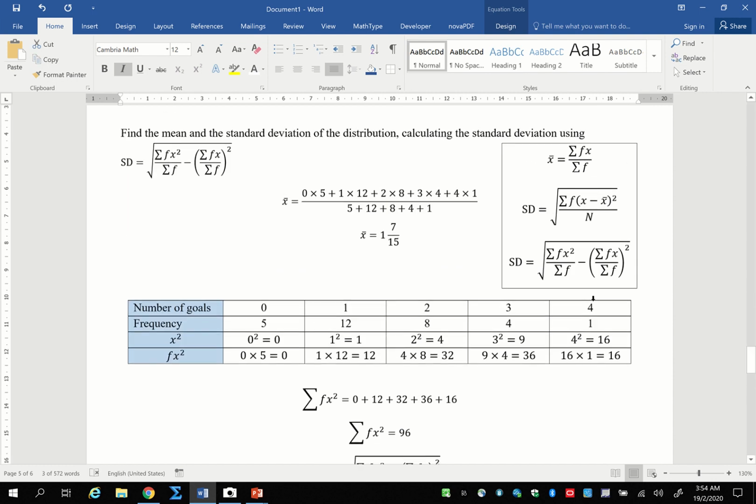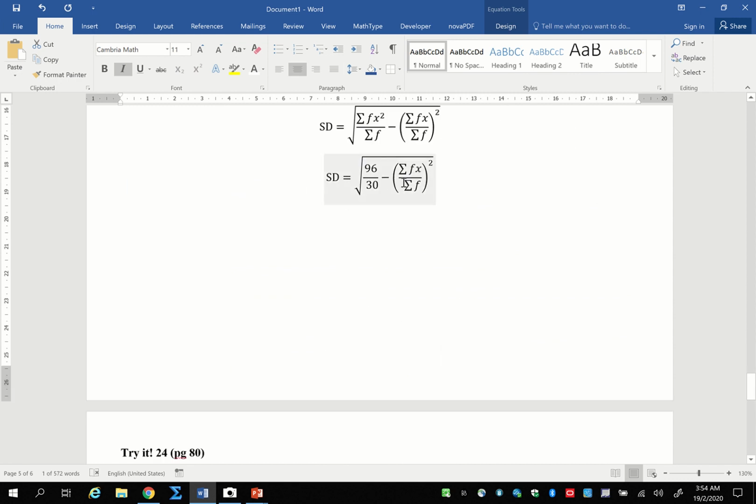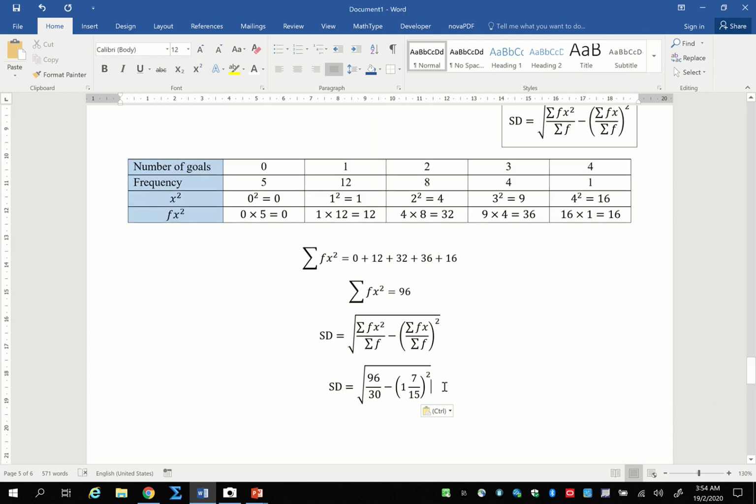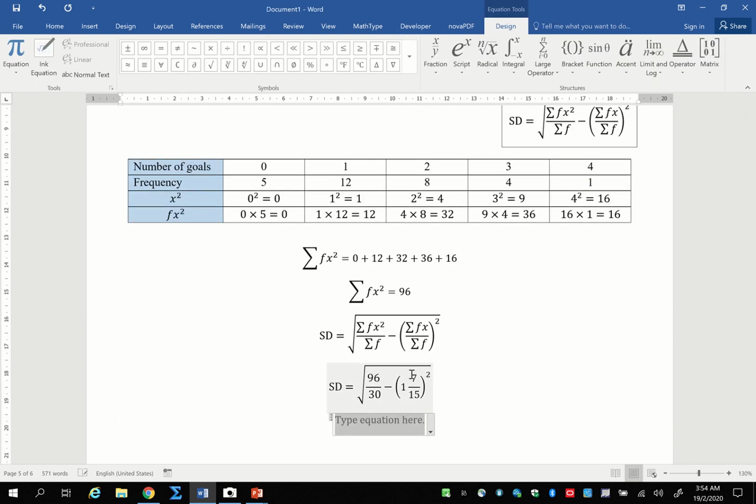The previous mean that we have is 1 7 over 15, so we have 1 7 over 15 squared. If we calculate this, we will have standard deviation equals the square root of 96 over 30 minus 1 7 over 15 squared, and you will have 1.02 as the standard deviation.